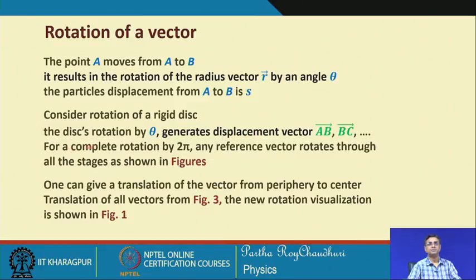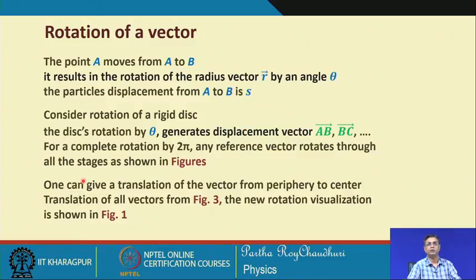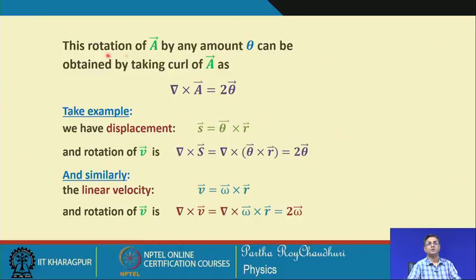It is like the rotation of a disc, and as shown in the stages in the figure, one can give a translation of the vector from the periphery to the center or from the center to the periphery as well. That gives you the new rotation visualization. So, this rotation of A by any amount theta can be obtained by taking the curl of this.